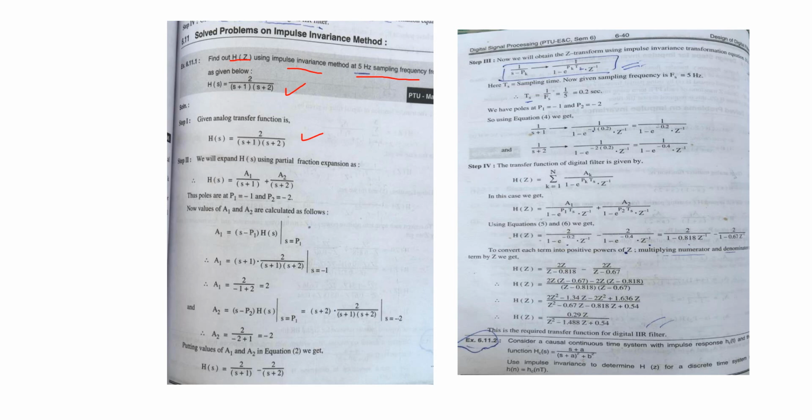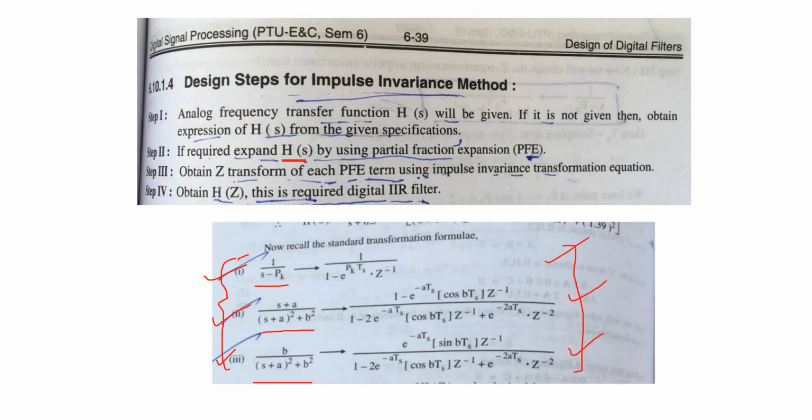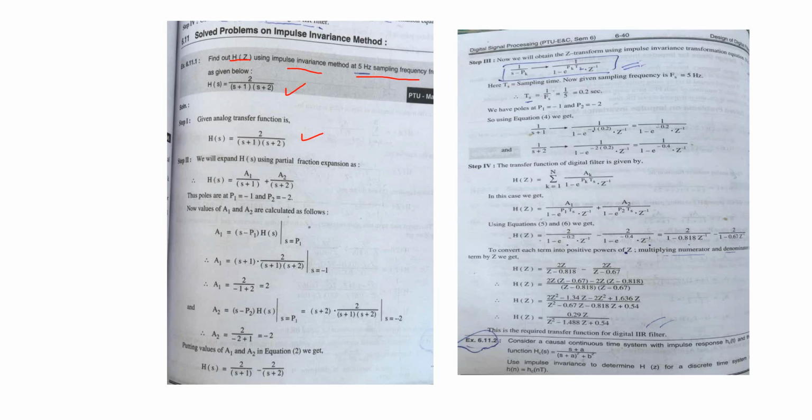The second is H(s) should be in the form 1 upon (s minus pk), (s plus a) upon ((s plus a) whole square plus b square), b upon this. If not, then expand H(s) using partial fraction expansion. See, in this diagram up to now, no formula is directly applied. So we need to expand H(s) using partial fraction.